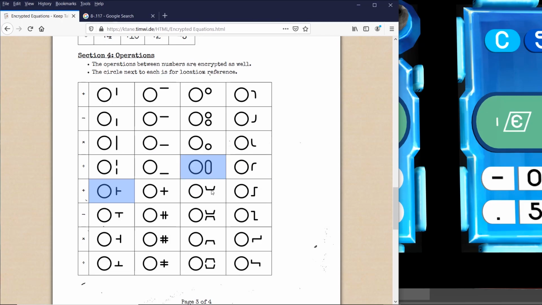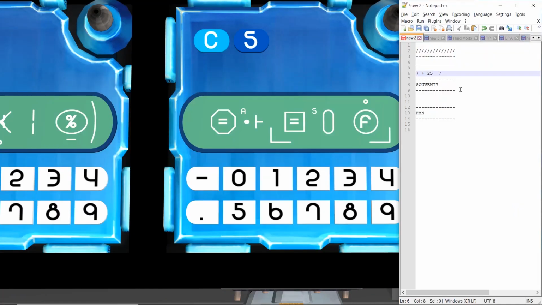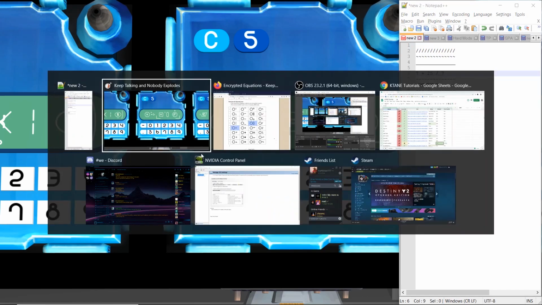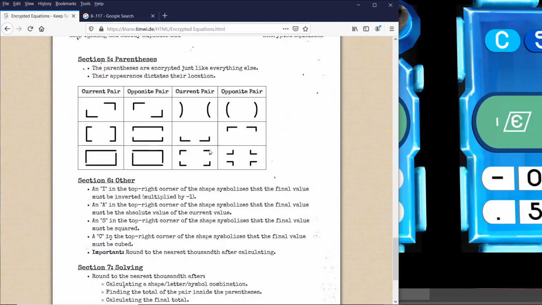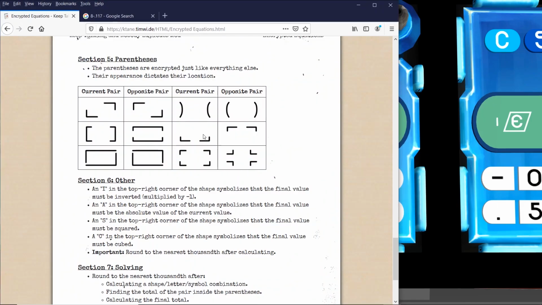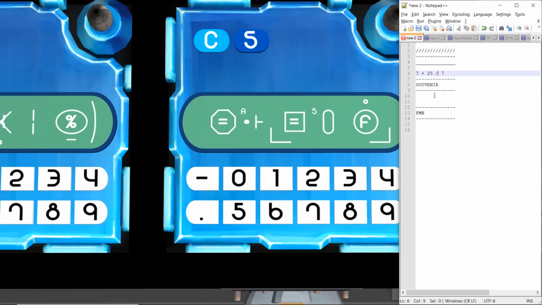So it'll be this. So our second operator is going to be a division. Okay. Can I just alt tab correctly? Thank you. Okay. And our parentheses is going to be these two brackets in the bottom side, and that means it's going to be the current pair.